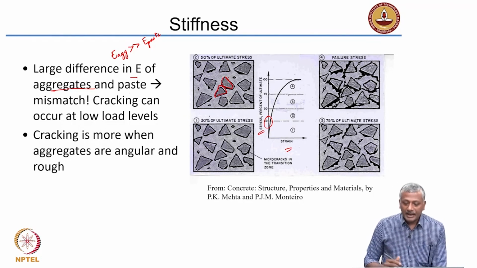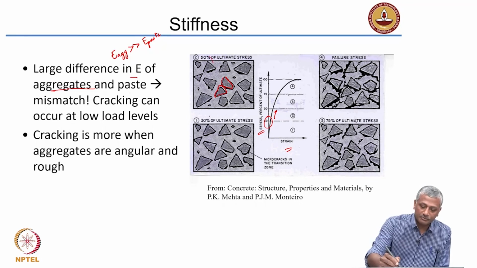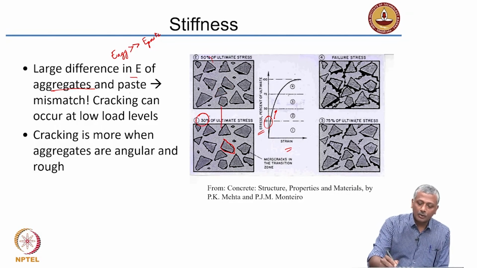As the load level becomes more and more, I am sorry, this was 50%. So, this is 30%, where the zone around the aggregate has cracking already. When you increase the load, the cracks around the aggregate become larger.